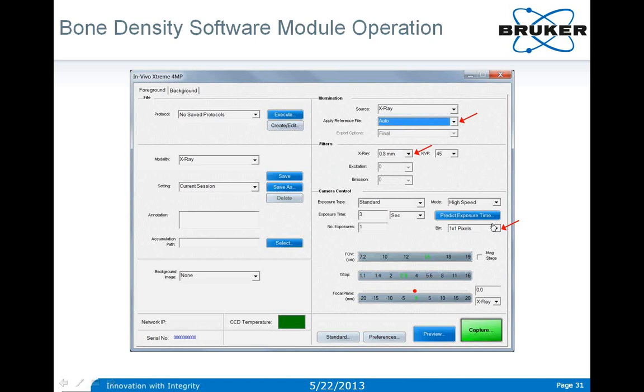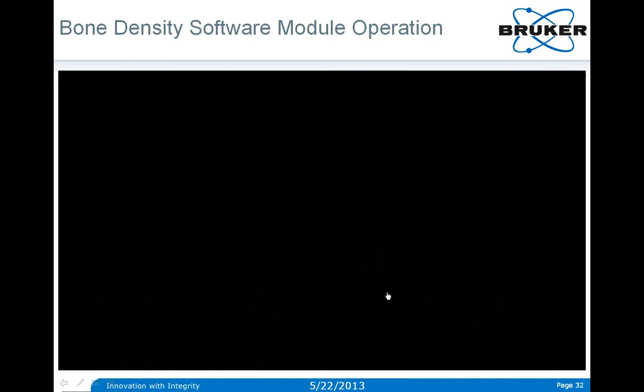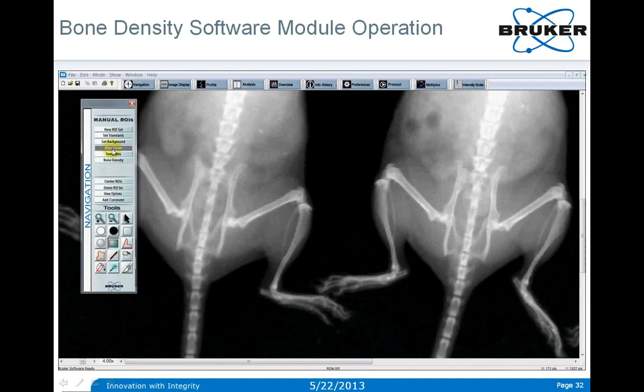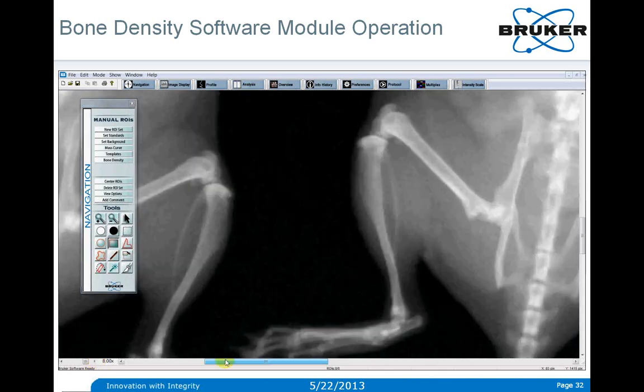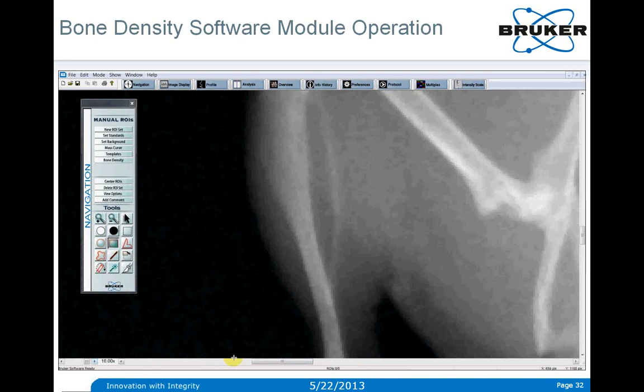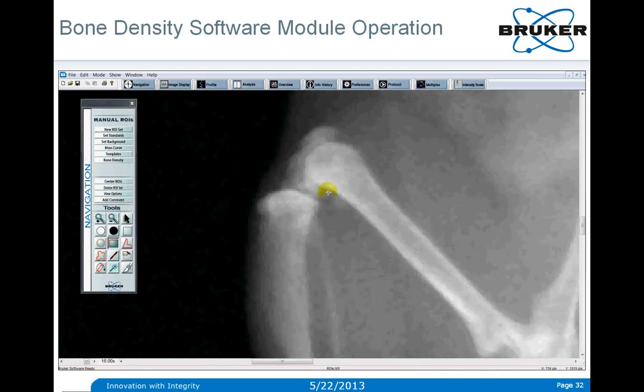So once you've acquired your image, we'll show here the process. We go to manual ROI, zoom in. You'll have a little bit more control for your regions of interest. Look at a target region. We'll create a rectangular ROI. Activate it by clicking.